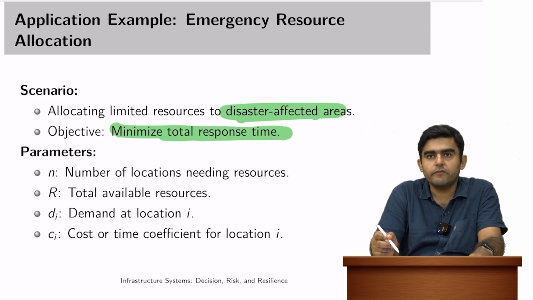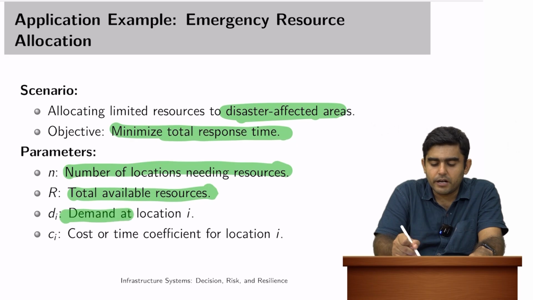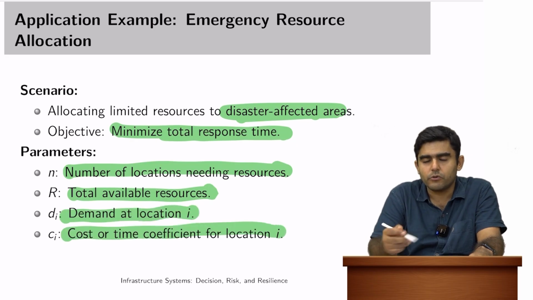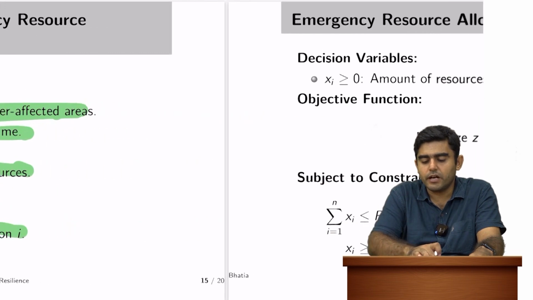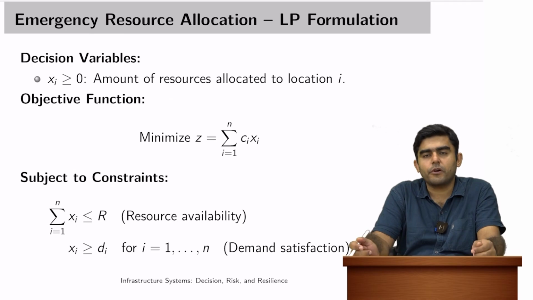There we are dealing with various parameters such as the number of locations needed, total resource available, demand at location i, cost or time coefficients for location i, and so on. So we can express this problem for multiple locations in the linear programming framework.